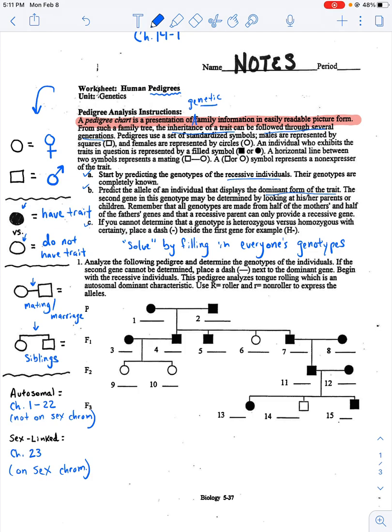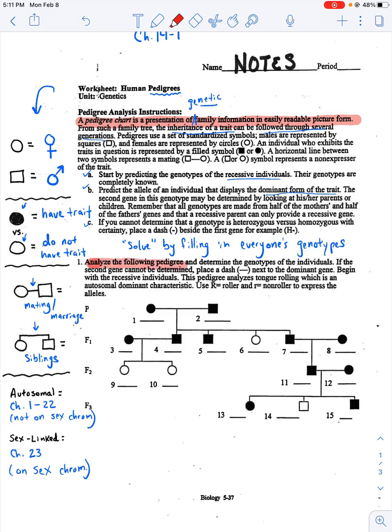And then what you do is you then look at children, essentially, to backtrack and figure out what the second allele is. And so the best way to show you is to actually do a problem, and doing it helps to explain how to solve them. So the one that we're going to do first is this one down below.